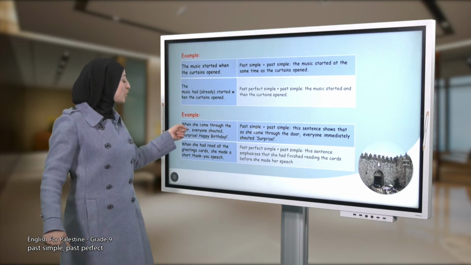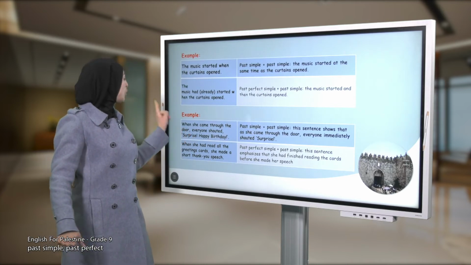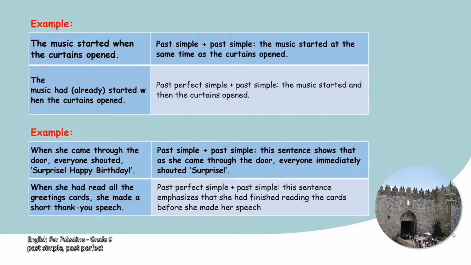Okay? Another example for past simple. When she came through the door, everyone shouted, "Surprise, happy birthday!" If we have two past simple verbs like this sentence, that means that those two actions happen at the same time, not one before the other.